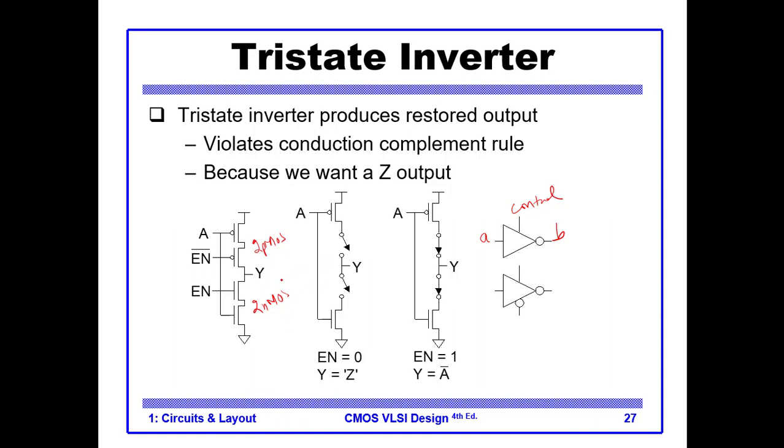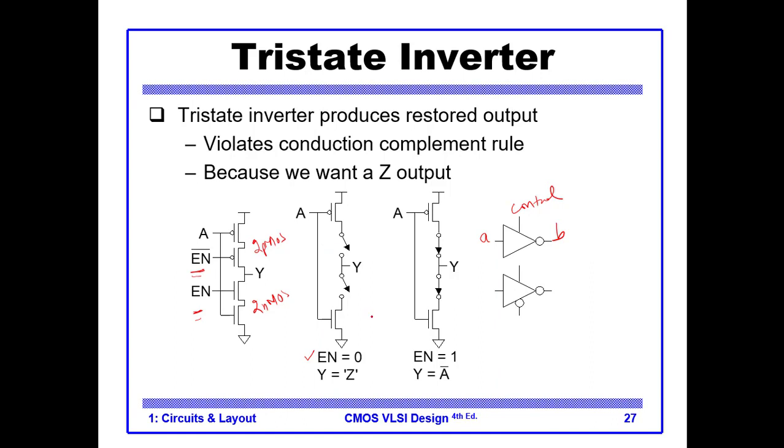How does this work? If enable is 0, this is the enable signal, it is connected here and here in inverted and non-inverted form. When enable is 0, the NMOS is open and also the PMOS is open, because that is enable bar.